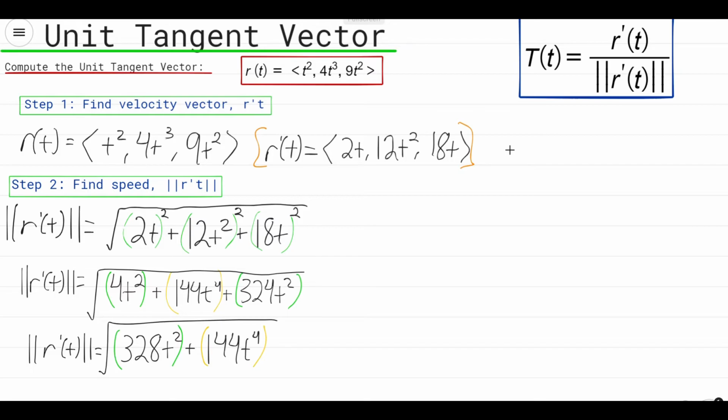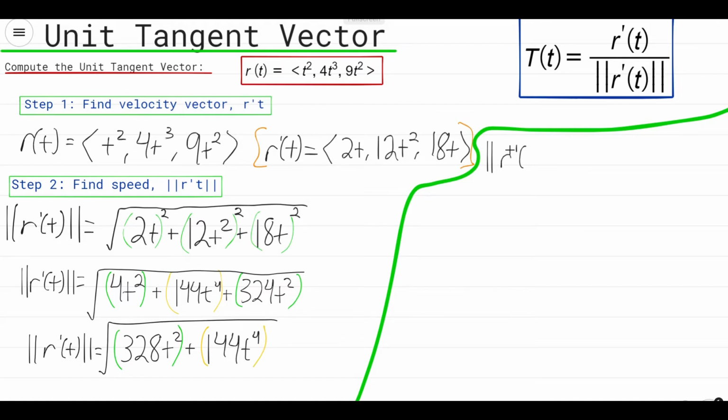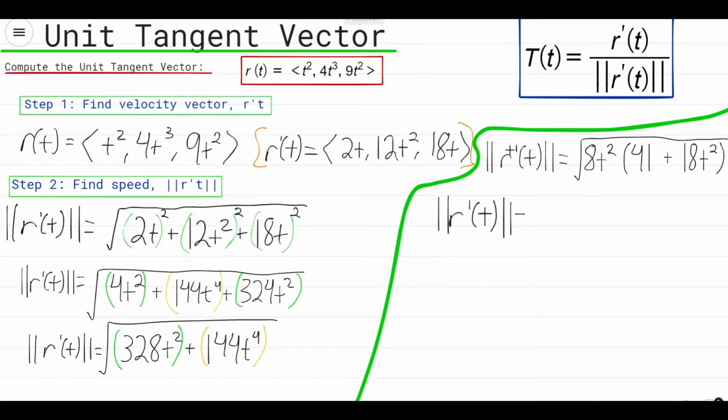So now that we have that, I'm going to write this big division line so we don't confuse what we've done with what we're going to do now. What I did in this step was factor out an 8t squared, because 328 and 144 are both divisible by 8 and t squared, so I factored that out. From there, you can take the square root of t squared, which is t, and the square root of 8.